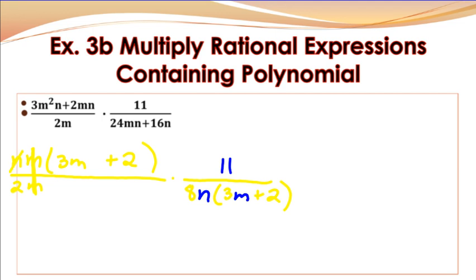I have this n and this n that divide out. And I have a 3m plus 2 here and a 3m plus 2 here. So now all I have in the numerator is 11. And in the denominator, I have 2 times 8, which would be 16. So our answer would be 11/16.